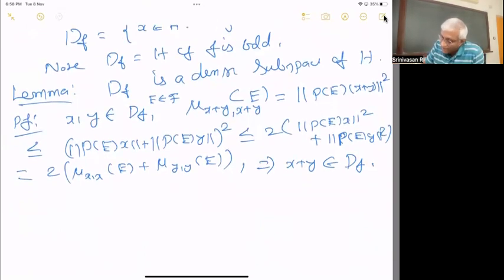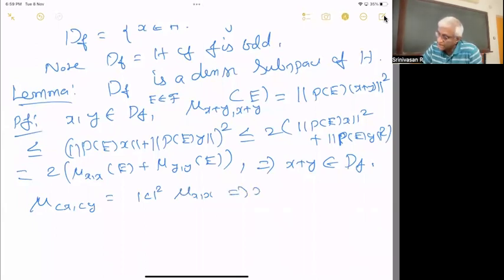And we know that for P(E)cx, cy as a measure for anything, in the inner product you will get c and c-bar, so it's just going to be |c|² times μ_x, the measure itself.